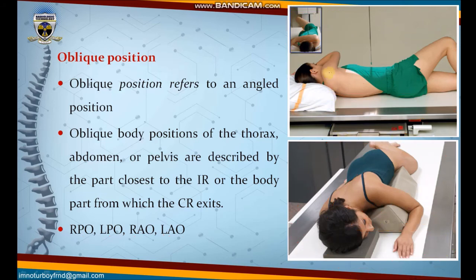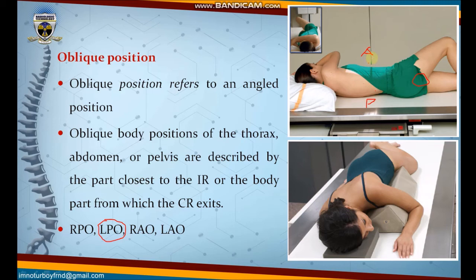Okay, so again, we have here this position, LPO. So question, what is the projection? Since the central ray enters anterior, exits posterior, and the body is in oblique, the projection is termed AP oblique.